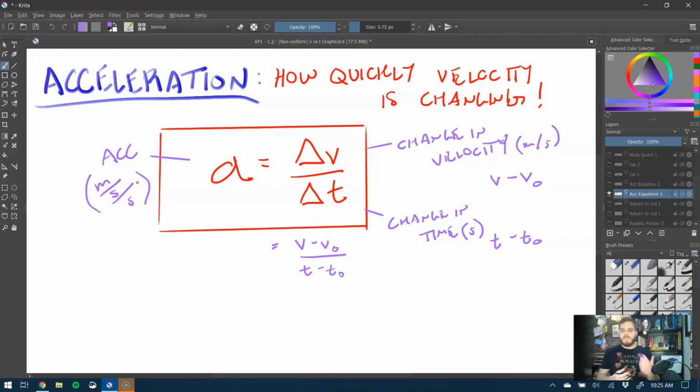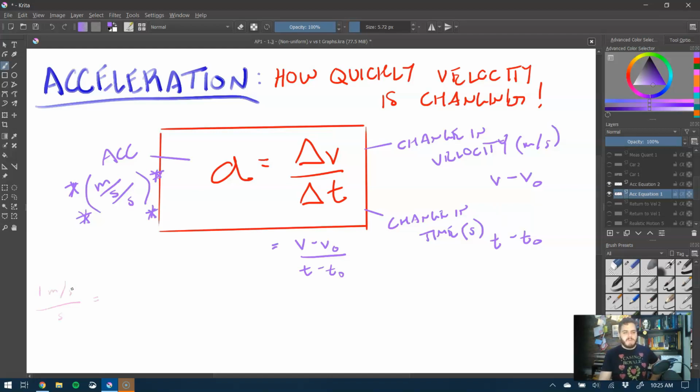If I have 2 meters per second per second, what that's telling me is that the velocity is changing by 2 meters per second each second. However, physicists are lazy, and there is a little bit of an easier way to rewrite this, but I really want to emphasize that this is really what it conceptually means. This is a way to think about it, is that how many meters per second is the velocity changing each second. A different way we can write it, we can kind of do a little mathematical derivation here.